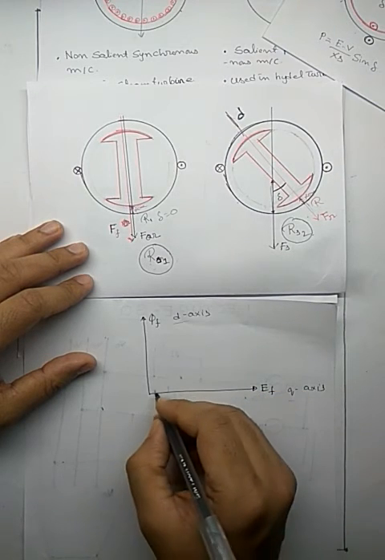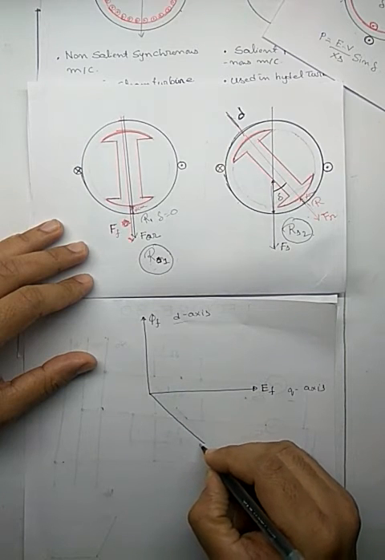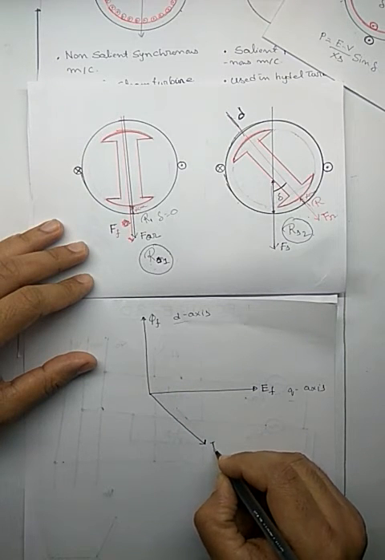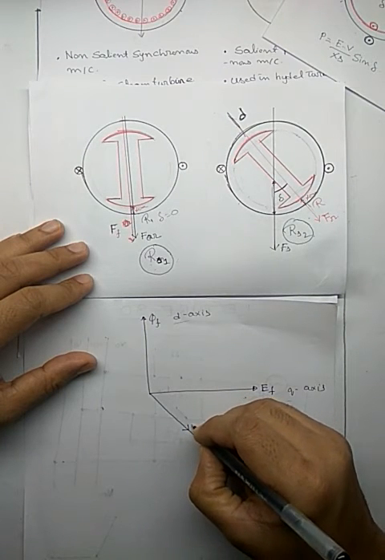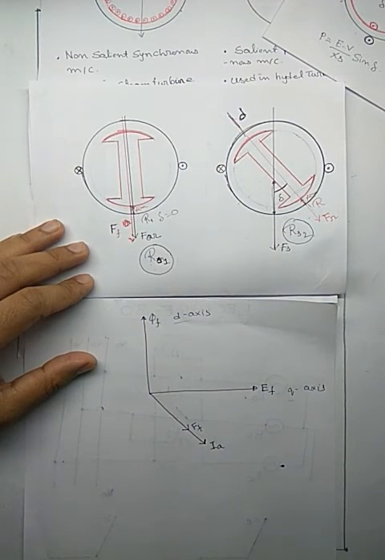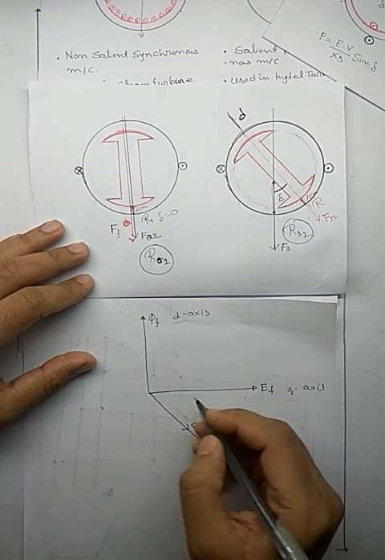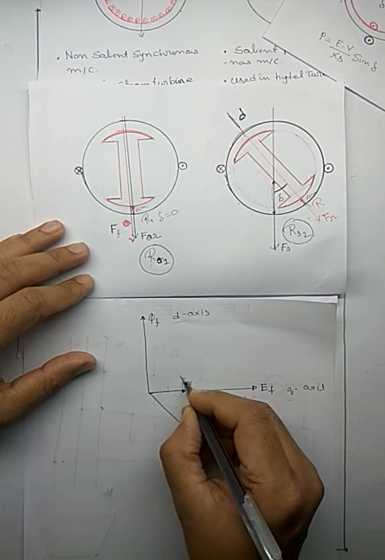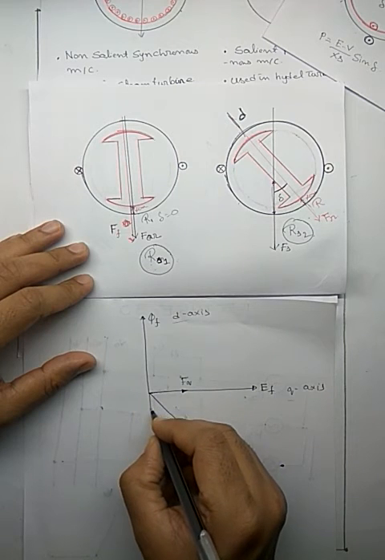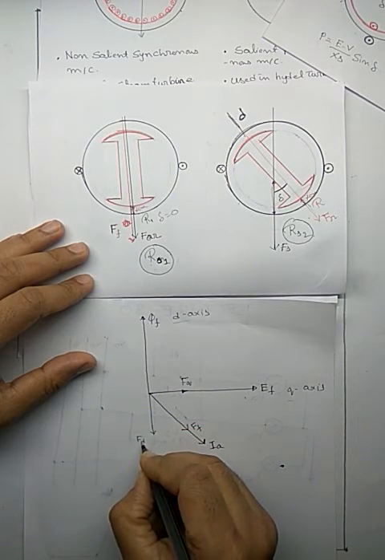Now I have a current IA flowing in the stator. For this current there is an MMF FA. Now we split this MMF along two directions: one along the Q axis, let's call it FQ, and another perpendicular to this, along the D axis, we call FD.